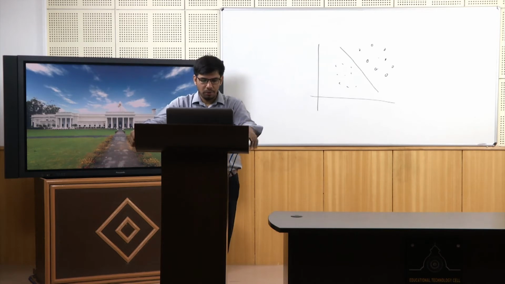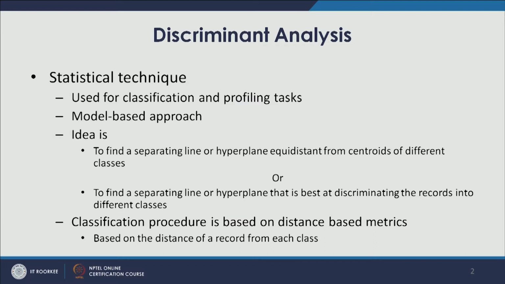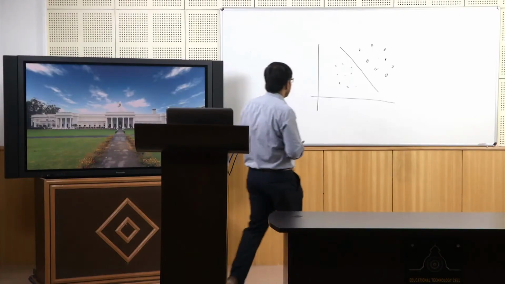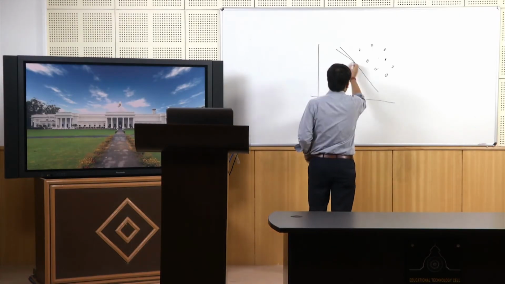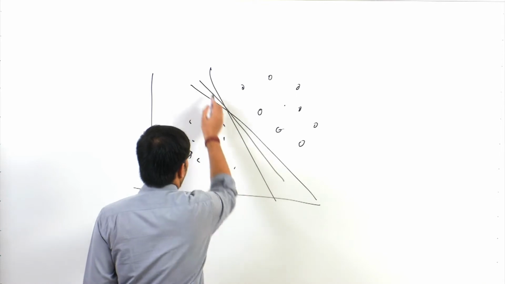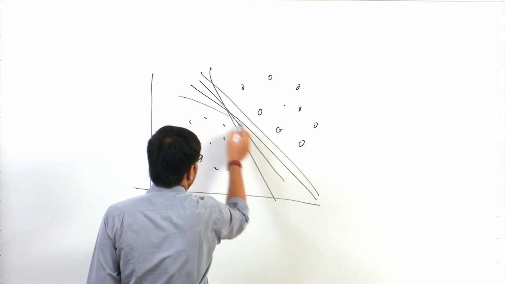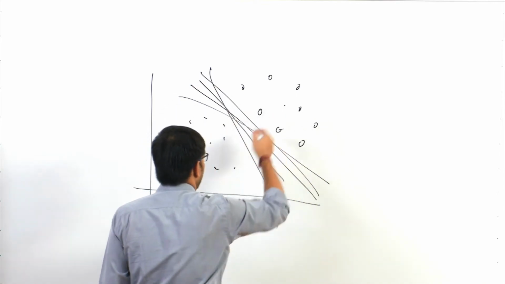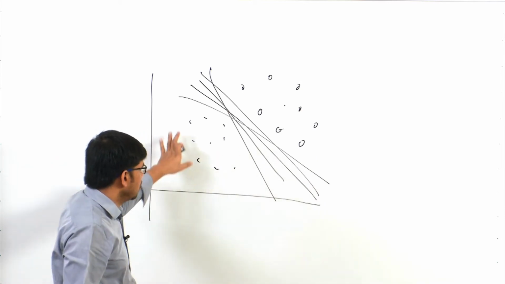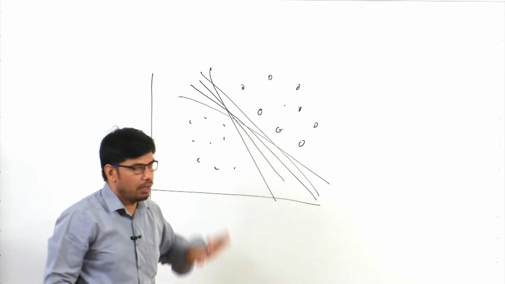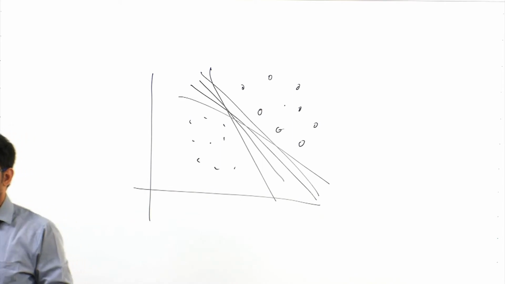So the second approach is to find a separating line or hyperplane that is best at discriminating the records into different classes. In that sense, we are looking for a particular line or hyperplane that might be best at discriminating this cloud of observations into their respective groups.